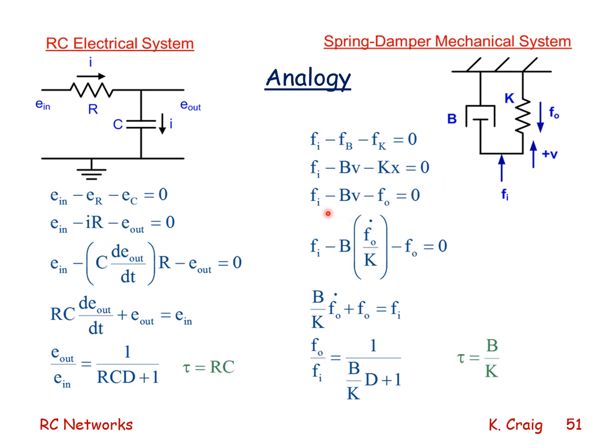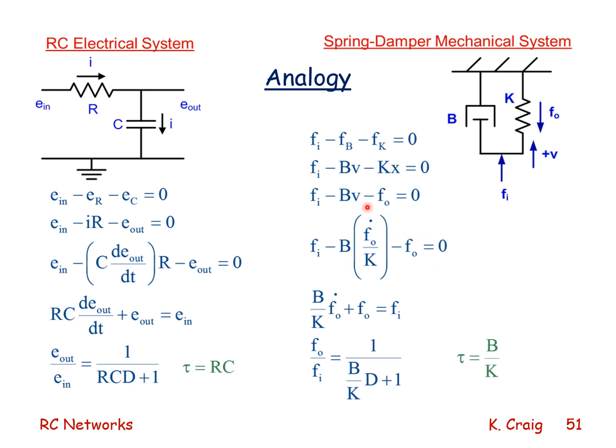So F in minus B times V minus F out equals 0, or F in minus B times F out dot over K minus F out equals 0.